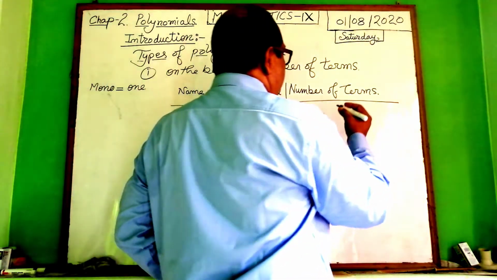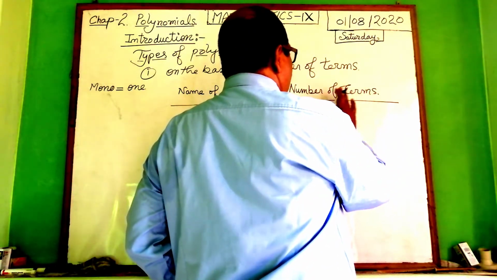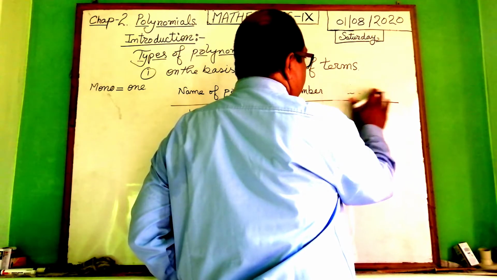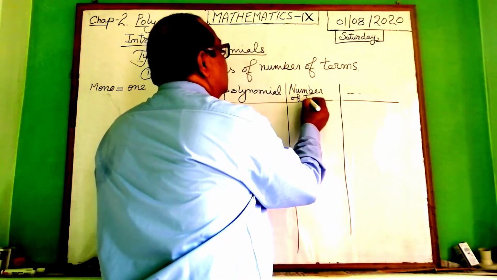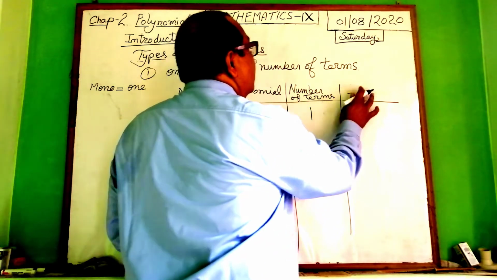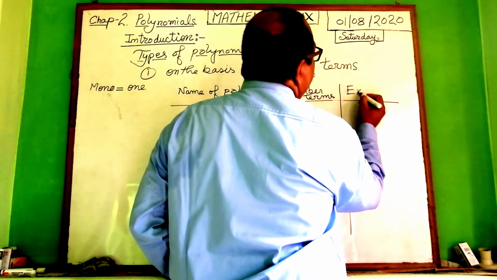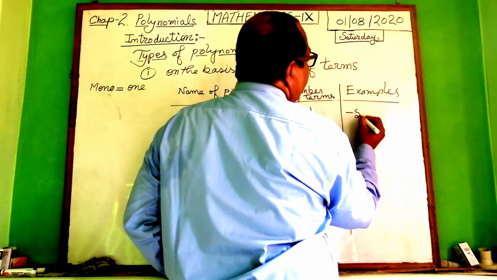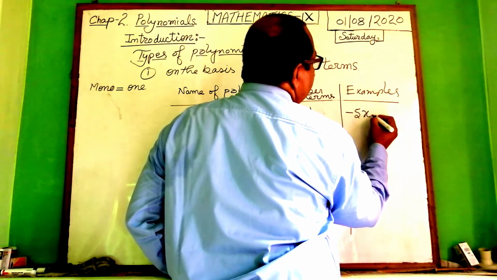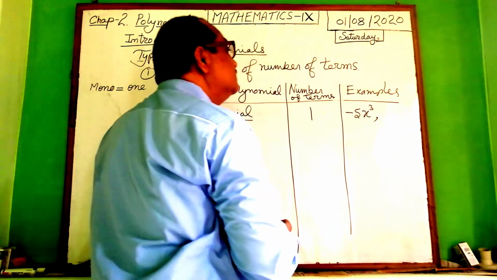You can write some examples here. Suppose minus 5x cube, one term.